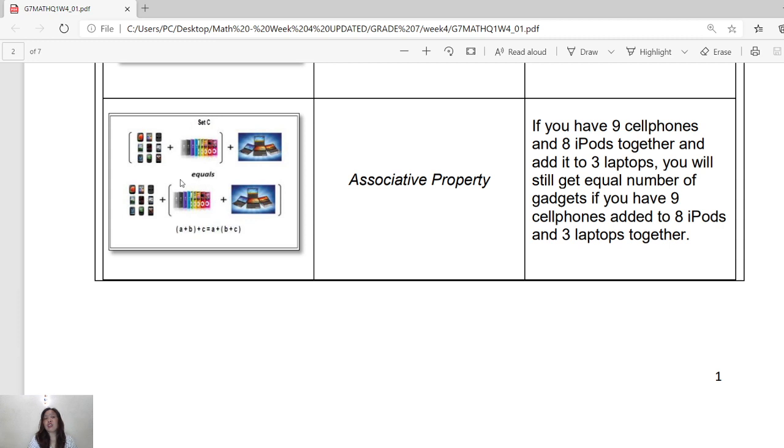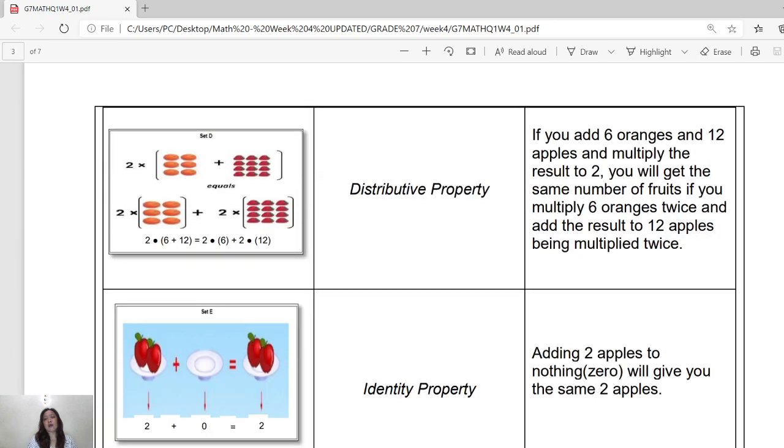It is also the same as when you group the iPod and laptop and add them to the cell phone. Regrouping the items, it is still the same, and that is the associative property. So that is changing or regrouping.